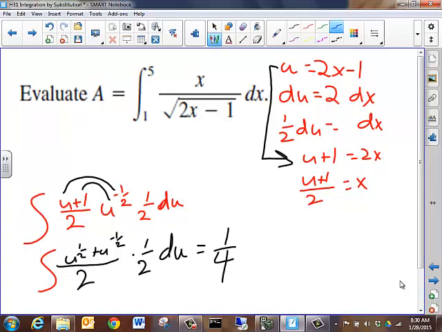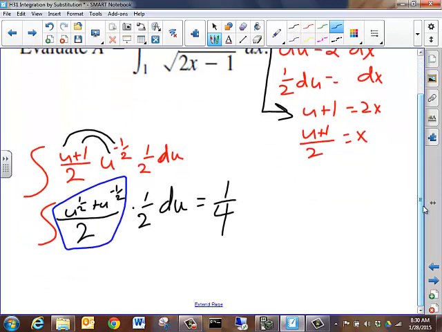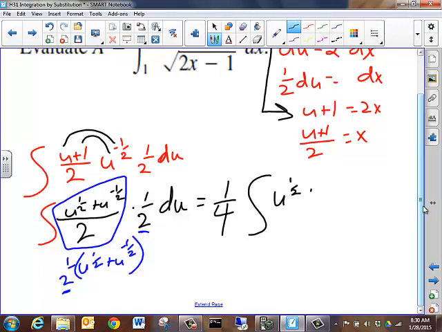This box right here is the same as 1/2 times u to the 1/2 plus u to the negative 1/2. So then he's going to take this 1/2 and this 1/2 and bring them outside the integral and make it 1/4 the integral of u to the 1/2 plus u to the negative 1/2 du.